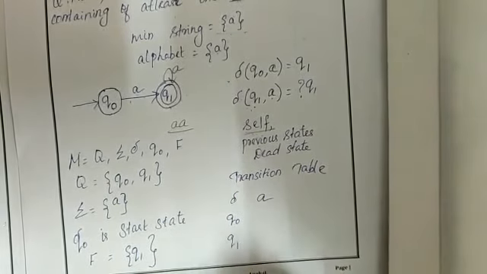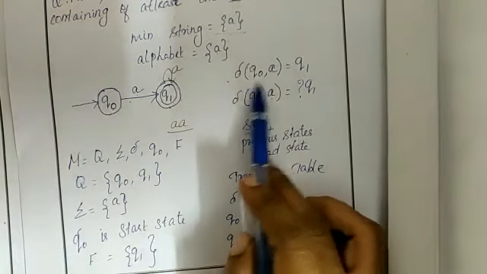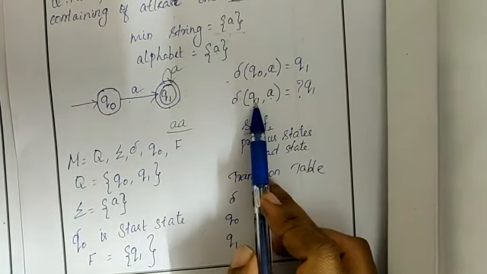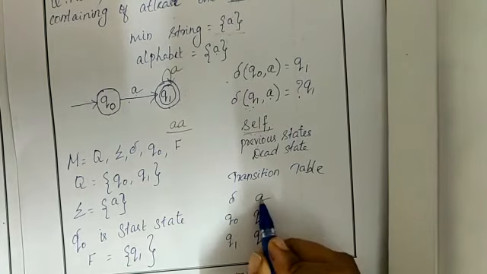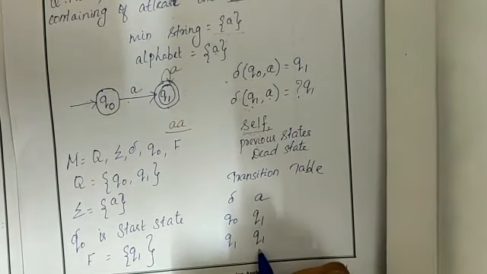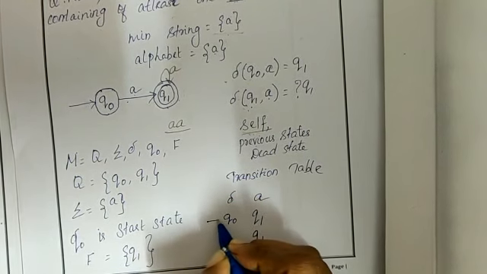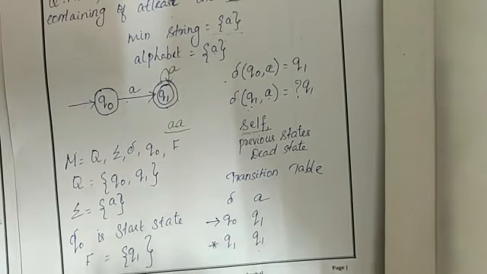How many states do I have? Q0 and Q1. Now you can check: Q0, when it takes A input, moves to Q1. Q1, when it takes A input, moves to Q1. In the transition table, I'll represent my start state with an arrow mark and the final state with a star.